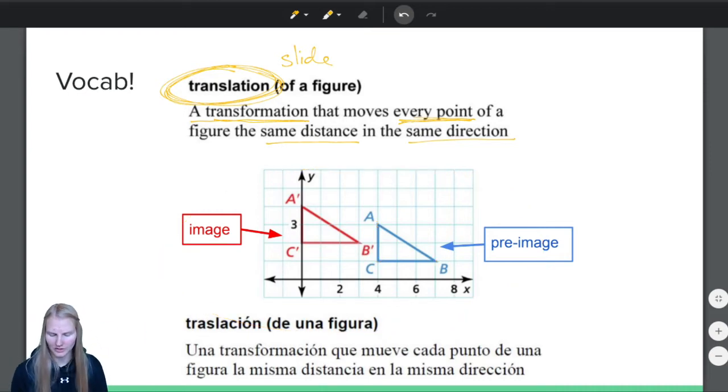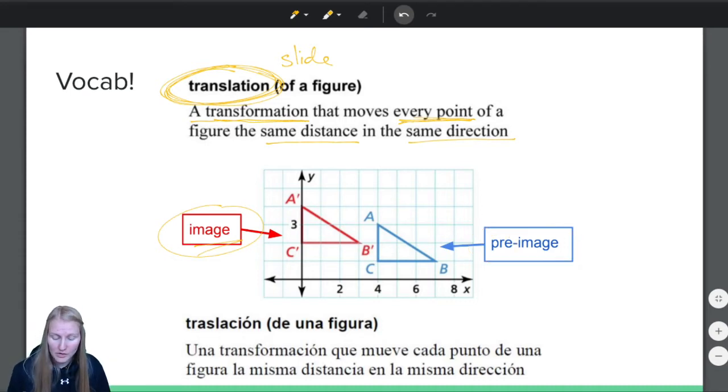Now, you'll see some other words on the screen here. Pre-image and image. What are these about? Now, these words are actually very important, and we're going to keep using these words all throughout chapter 4. So, pre-image. What do you think of when you hear the word pre? Pre-test, post-test. Pre means before.